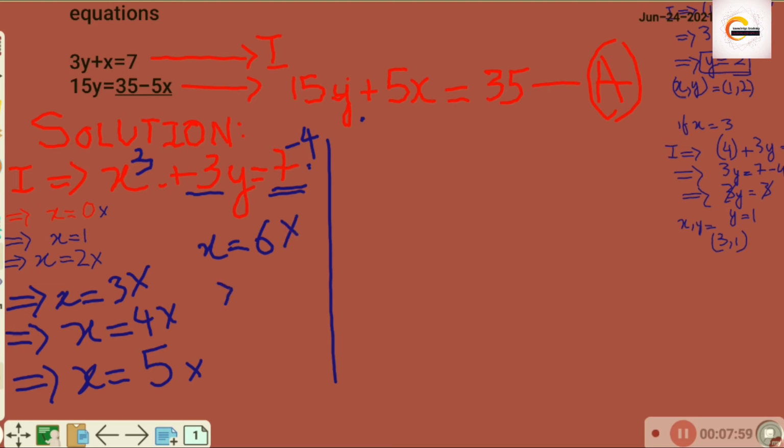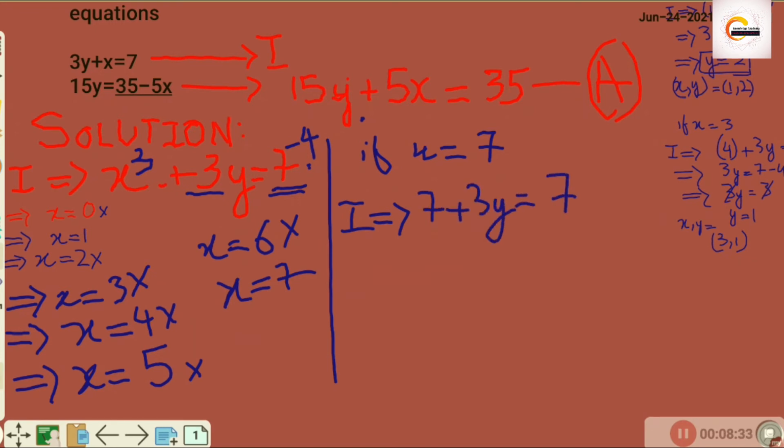Now again x is equal to 7, so yes, 7 minus 7 is 0, and y will become 0. So if x is equal to 7, then our equation 1 will be 7 plus 3y is equal to 7. 7 minus 7 is 0, then 3y is equal to 0.